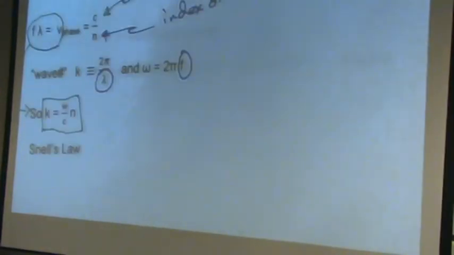K is 2 pi over lambda. Is that really the same thing as omega divided by c times n? Well, omega's 2 pi times frequency. Is there a c? Did somebody shout out a c? Yeah, thanks.